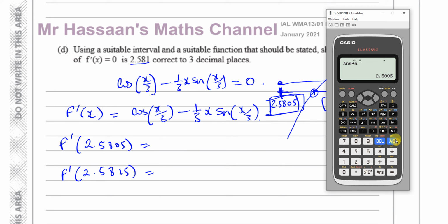So now I'll say cosine, and I'll recall A over 3, minus a third, okay, times x, which is, if we call it again, okay, times sine, and then again I've got to put A over 3.